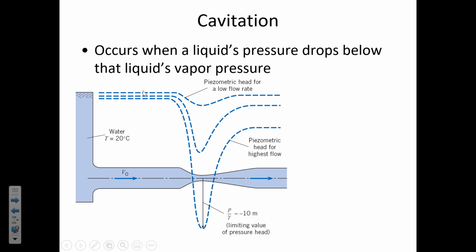What this series of curves is showing is, this top one is if you had a relatively low flow rate, and you maybe remember that when I was closing the valve in the lab, there wasn't as much deflection, that we got the maximum deflection with the valve open relatively wide and a high velocity going through there. Now what this is illustrating is that if you have an extra high velocity, the pressure inside the throat can actually decrease below atmospheric pressure.